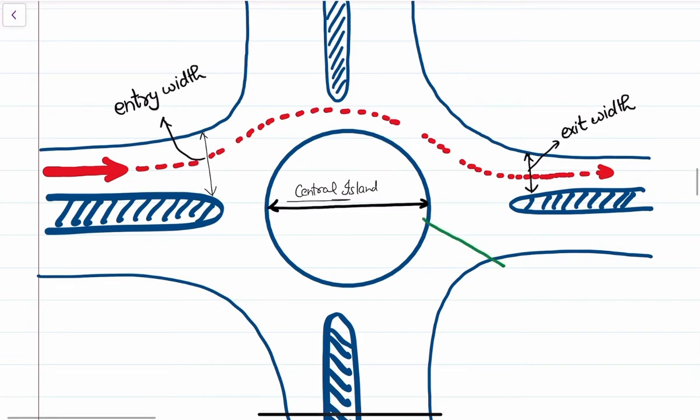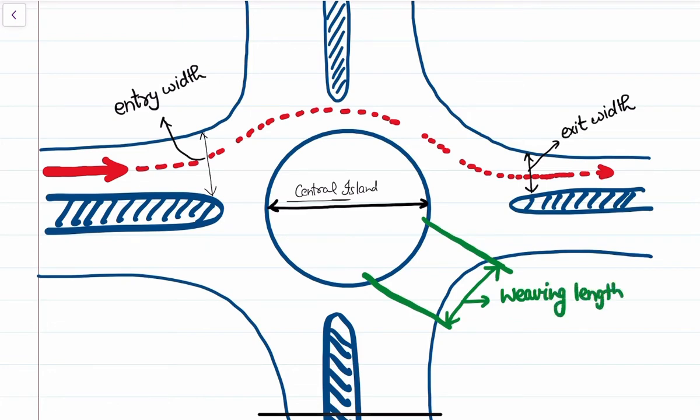This section of rotary is called the weaving length, and this is called the weaving width.